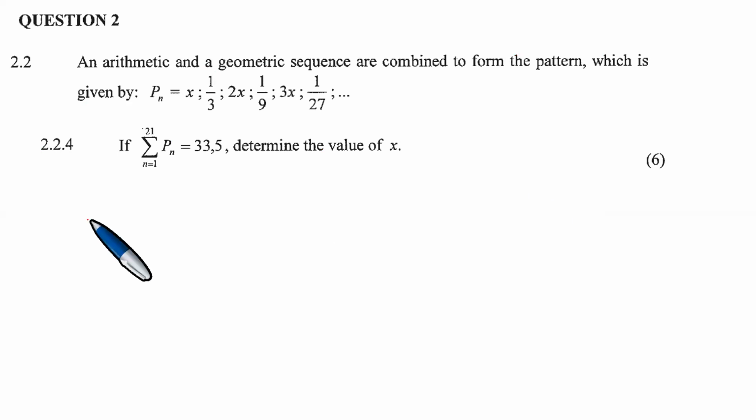If we have that the sum of the Pn from 1 to 21 is 33.5, determine the value of x.